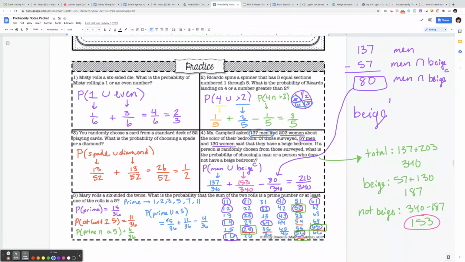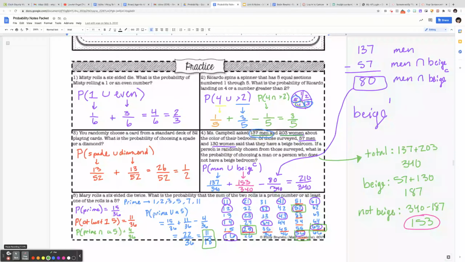Okay, so 15 plus 11 is 26, and 26 minus 4 is 22. So my final probability here is 22 divided by 36, which you can reduce if you want. They have a common factor. Both of those numbers can be divided by 2. So 22 divided by 2 is 11, and 36 divided by 2 is 18. Okay, so that would be my final answer there if everything is reduced.